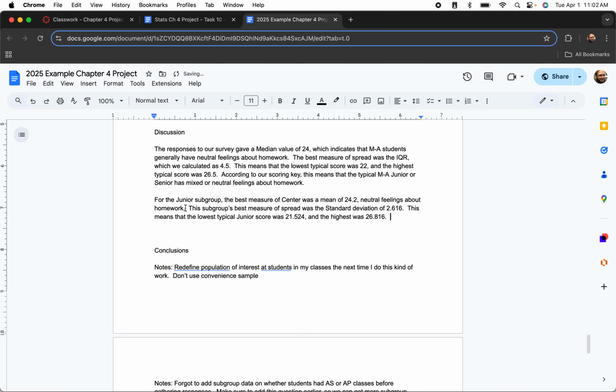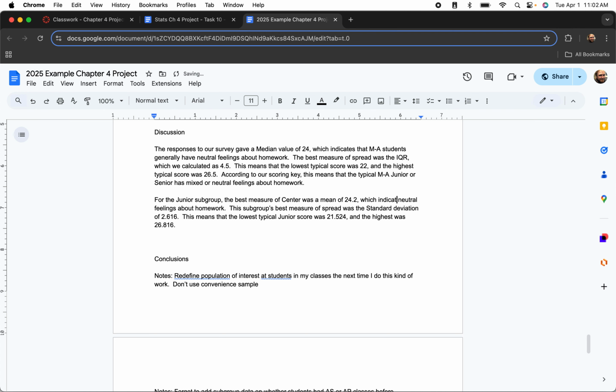The best measure of center was a mean of 24.2, which indicates that juniors at MA have neutral feelings about homework. Again, this subgroup's best measure of spread was the standard deviation, and this means that the lowest typical junior scores are between 21.5 and 26.8, again, according to our scoring key.